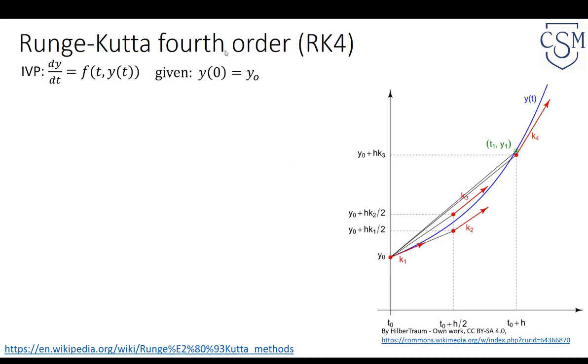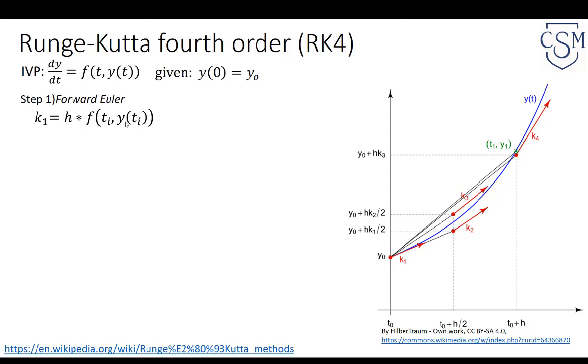The Runge-Kutta fourth order method, often referred to as RK4, takes 3 steps in between ti and ti plus 1, and does 2 function evaluations at ti plus delta t over 2. The first step, just like RK2, is still forward Euler: k1 equals h times f of ti and y of ti.